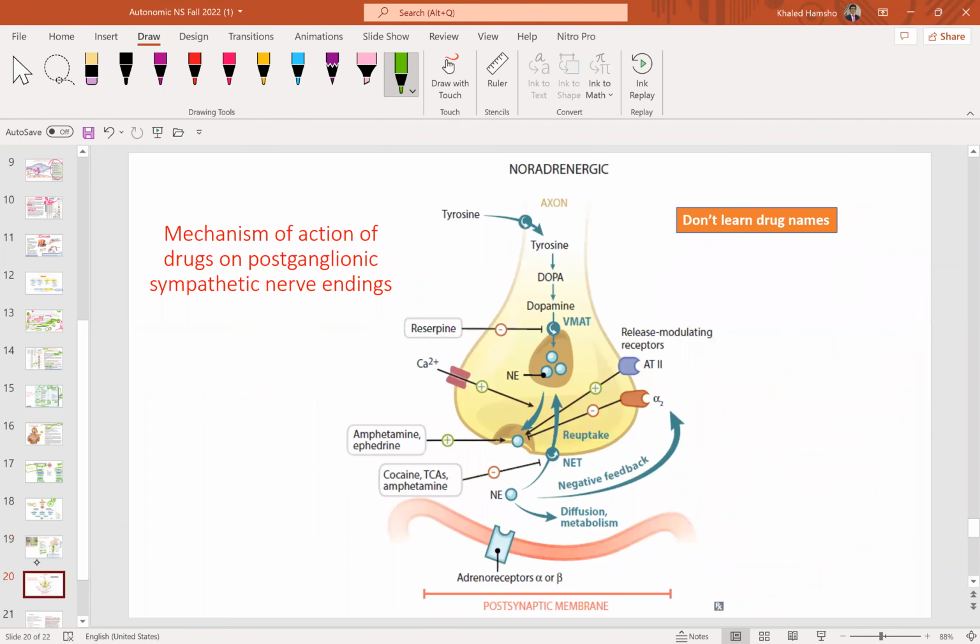And did Dr. Abdul Jabbar cover this? Just a quick question. Was this covered in the lecture? Or was this just a diagram at the end just to show you? Because this is advanced, with a bunch of drug names over here.